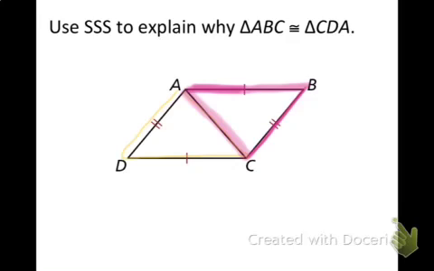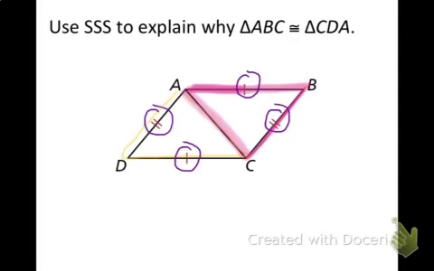Okay? We can see that the first line is congruent. Well, AD is congruent to CB. We can also see that AB is congruent to CD. The last line is right here.